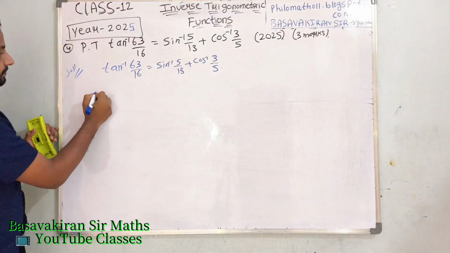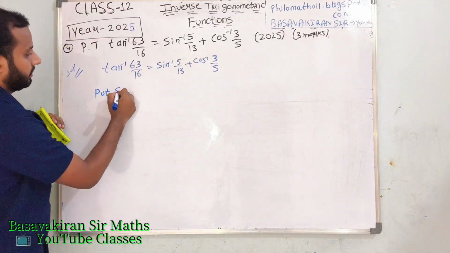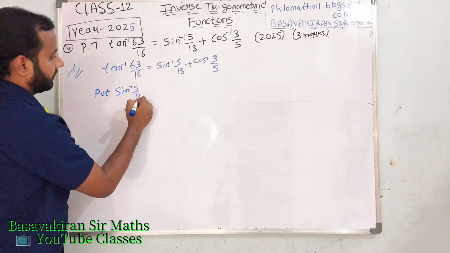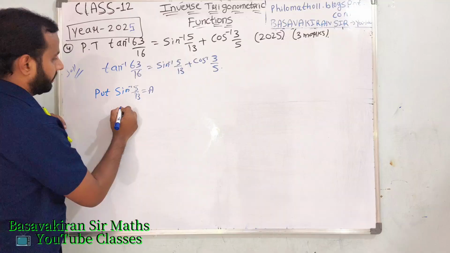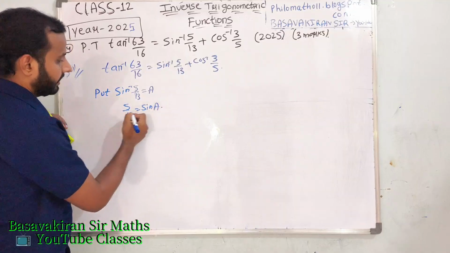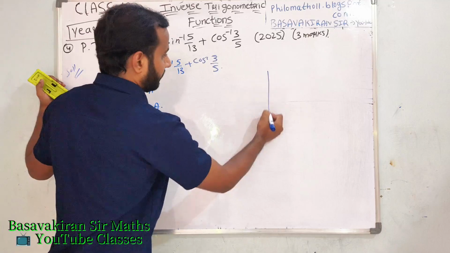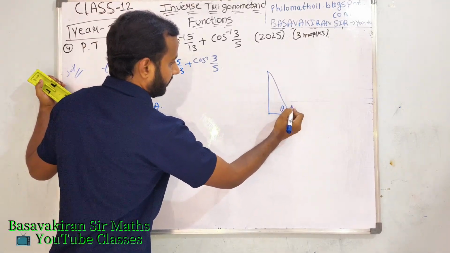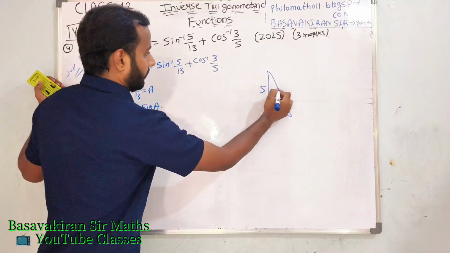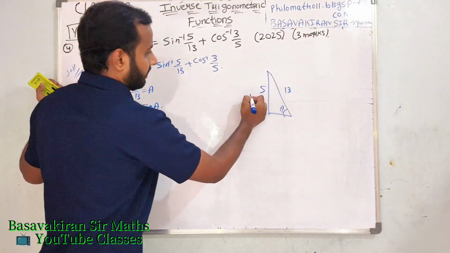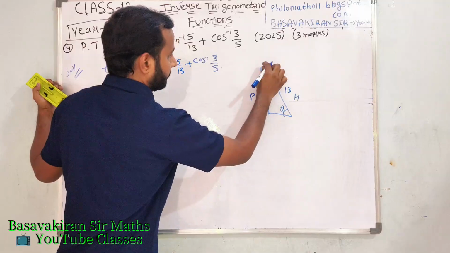For example, put sin inverse of 5 by 13 equals a, then 5 by 13 equals sin a. If sin a is 5 by 13, let us find the value of tan a. Angle is a, then 5 and 13. What is the sin ratio? P by h. P, this is your h.